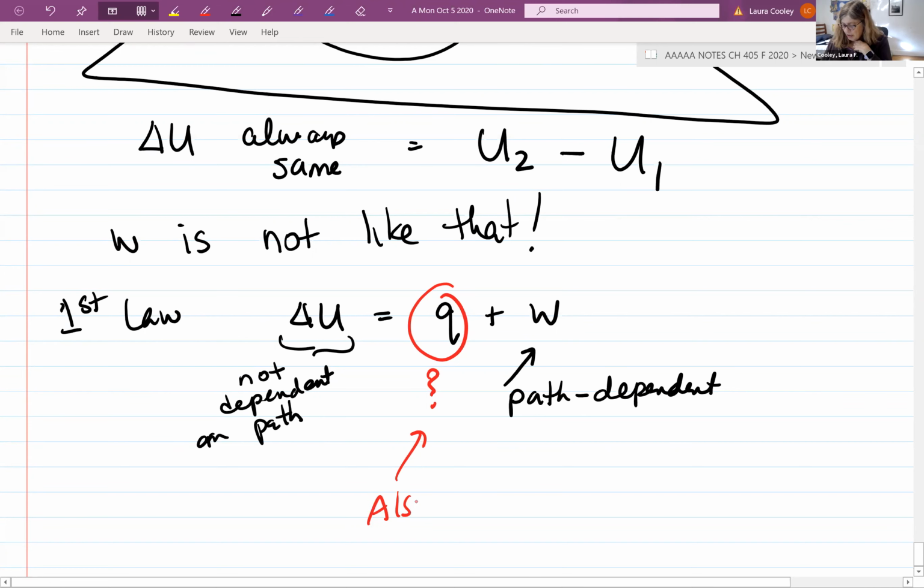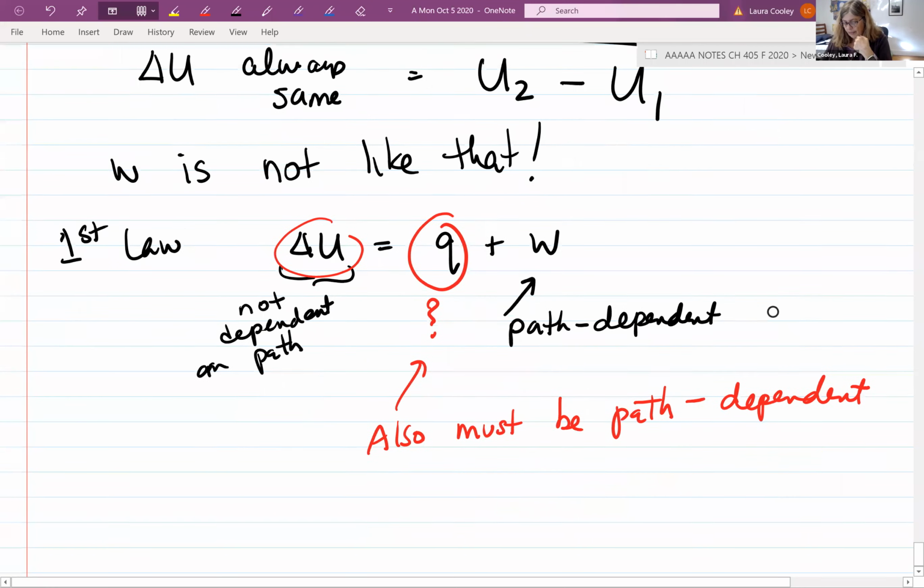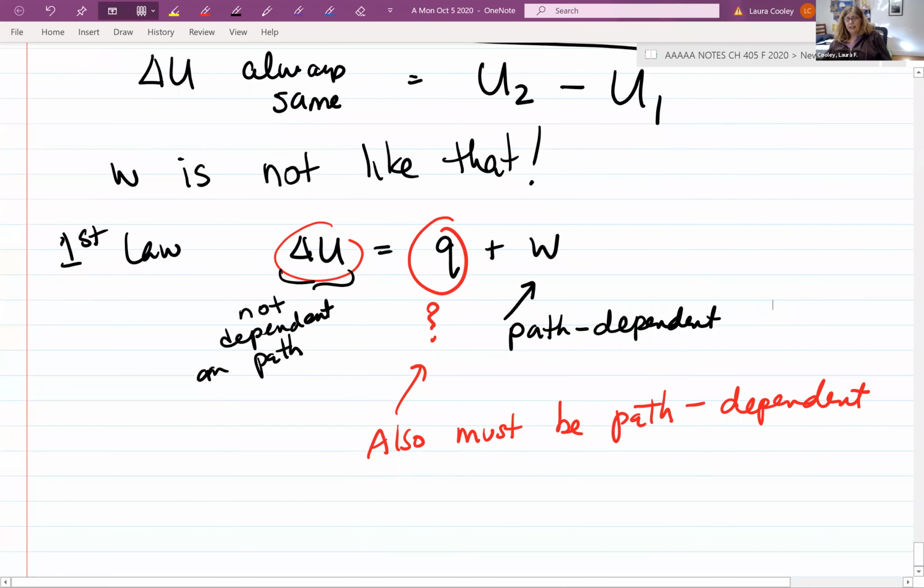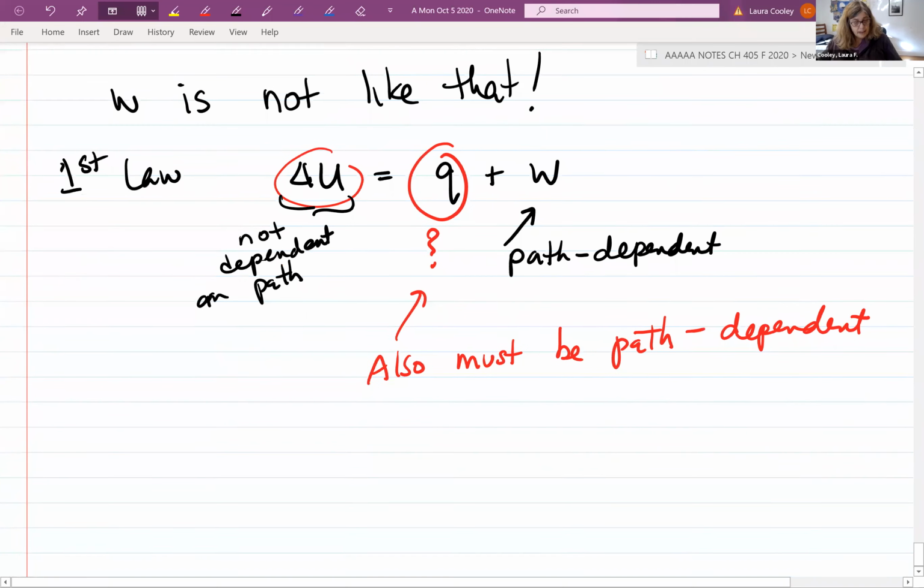That also has to be path dependent. Otherwise, delta U wouldn't be the same if only W were path dependent and Q isn't.